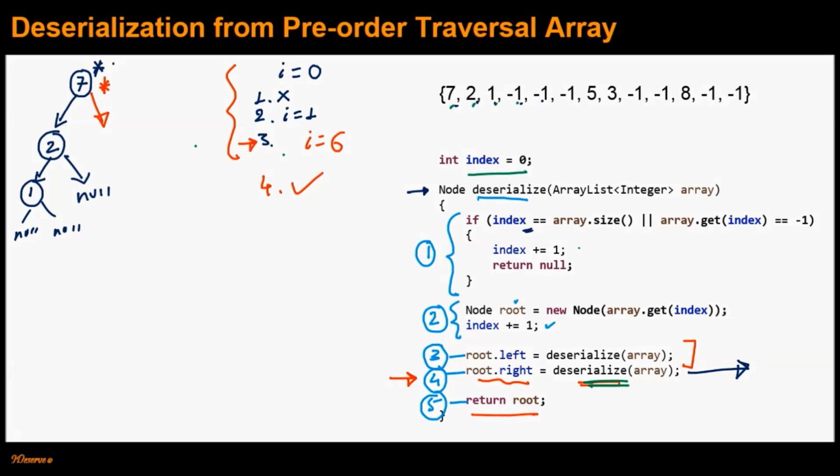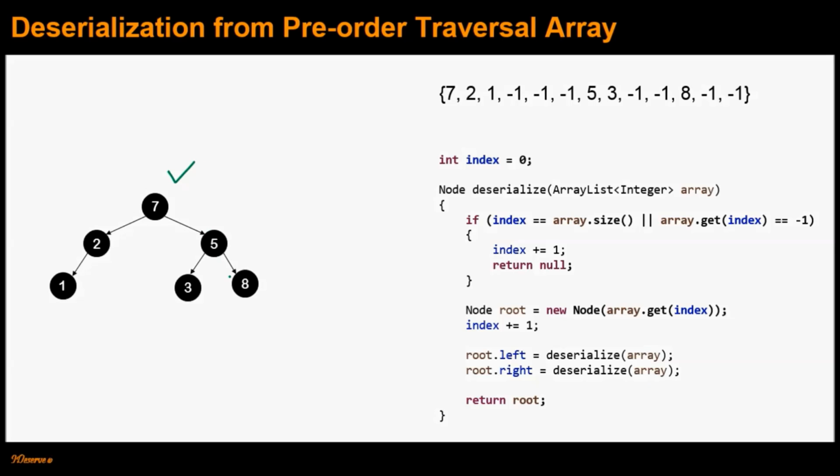Very similar to step number 3, where we constructed the left subtree, in step number 4 the right subtree would be constructed, and the complete tree constructed after step number 4 would be this particular tree. In the final step, step number 5, the reference to the root node would be returned to the calling function.